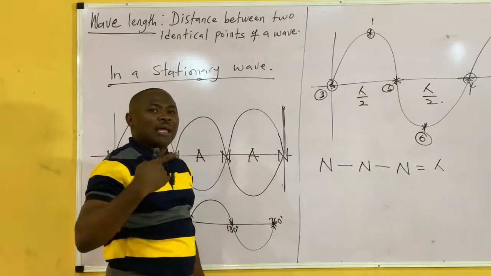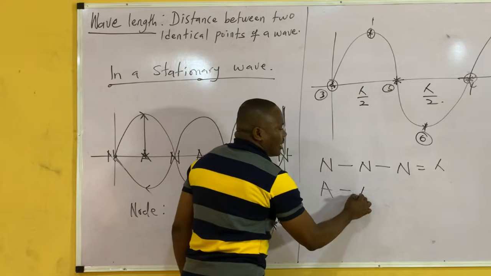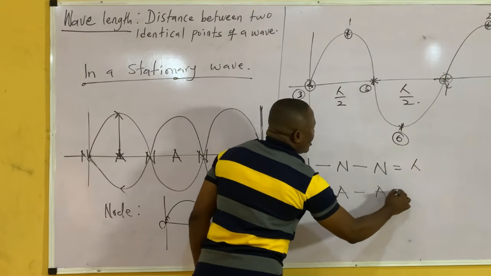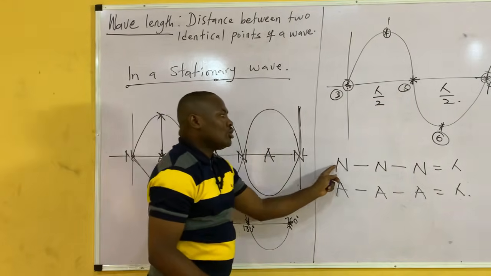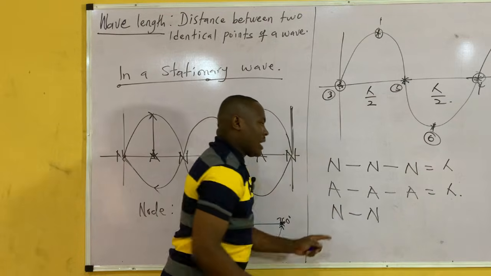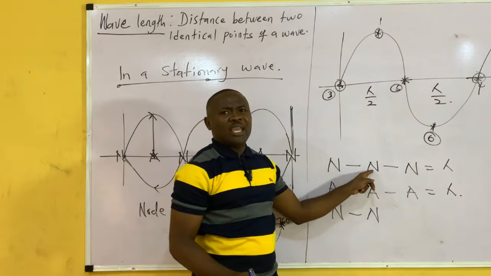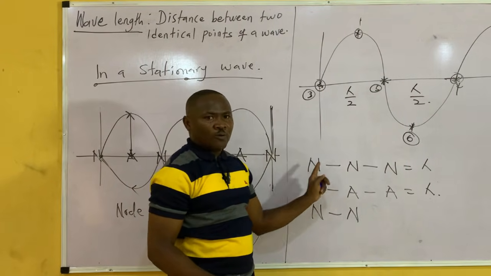Actually, what applies to node applies to antinode. So an antinode to an antinode but one is equal to one wavelength. What about a node to a node? This is how I will put this now. This is the successor of this.